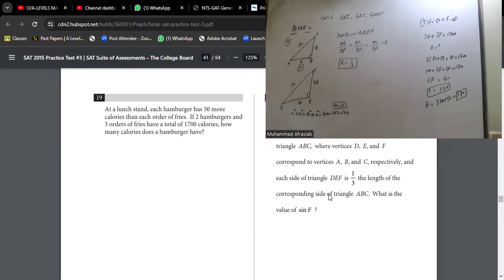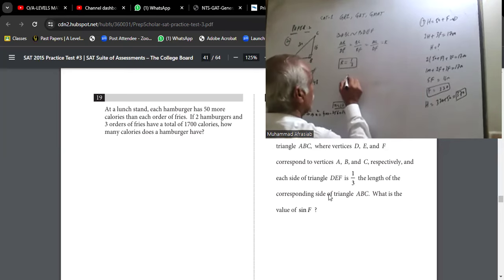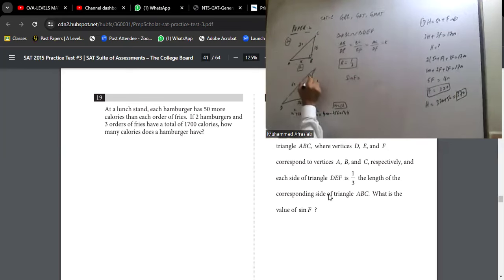Now, we are going to calculate what is the value of the sine of F. So sine of F is basically equal to, if this angle is going to be calculated, this is perpendicular, this is base, this is hypotenuse, so that is 36/60.